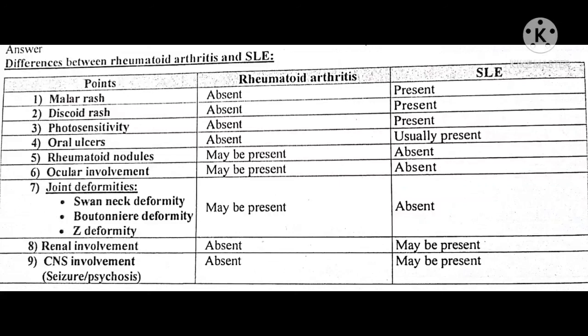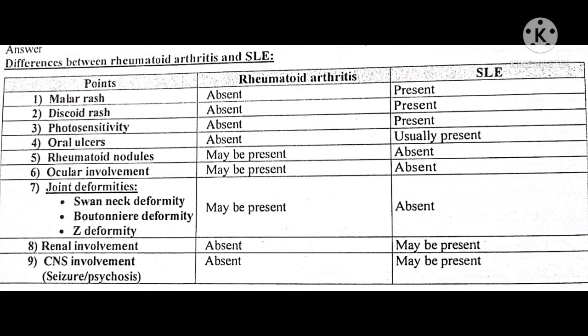In SLE, oral ulcer, renal involvement, and CNS involvement like seizure and psychosis may be present, but in rheumatoid arthritis, this oral ulcer, renal involvement, and CNS involvement are absent.